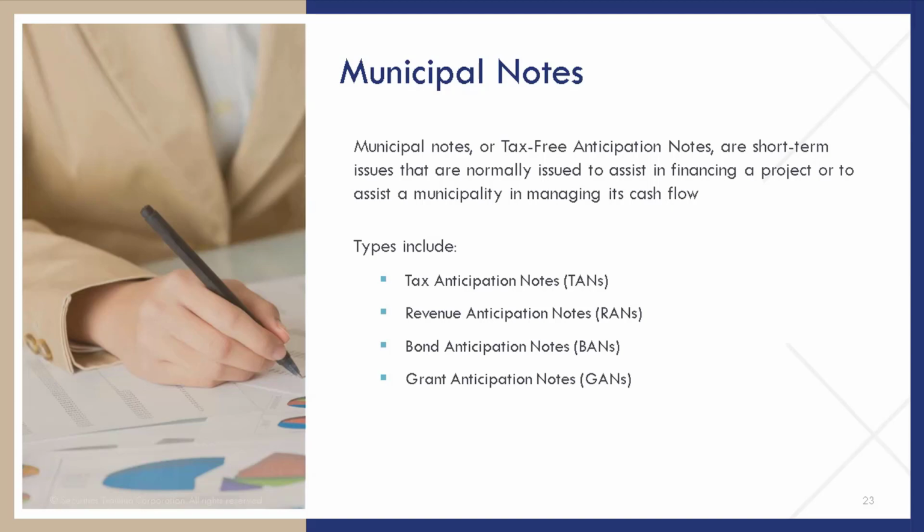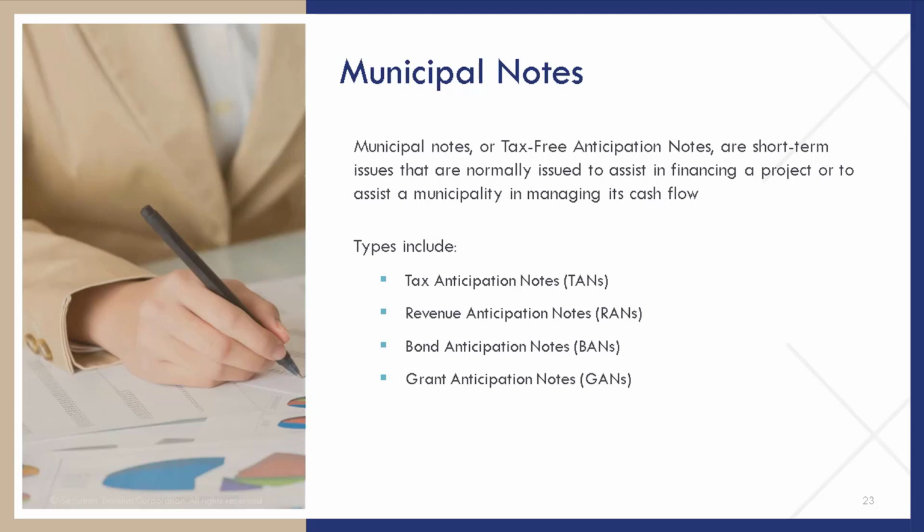TANs, or tax anticipation notes, are issued in anticipation of future tax receipts that the municipality will collect. Revenue anticipation notes are issued in anticipation of some future revenue that the municipality will receive. Bond anticipation notes are issued in anticipation of a future long-term bond issue that the municipality will make, and when they issue the bonds, they'll take all or part of those proceeds and use them to retire the notes.